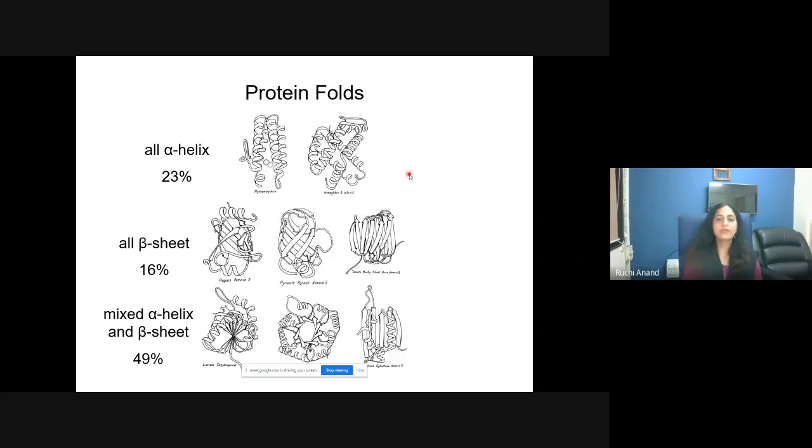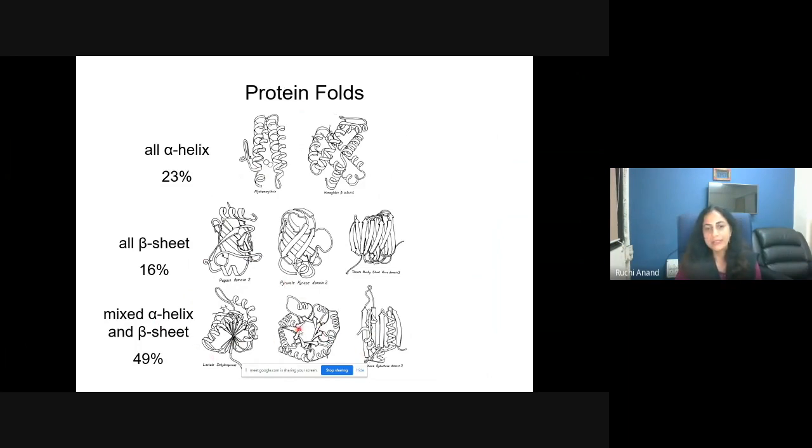And most proteins fold into secondary structure and tertiary structure. For example, this is an alpha helical protein. This is an all beta sheet protein, and this is a mixed alpha beta protein with a very famous fold called the triose phosphate isomerase fold, which is this particular fold.